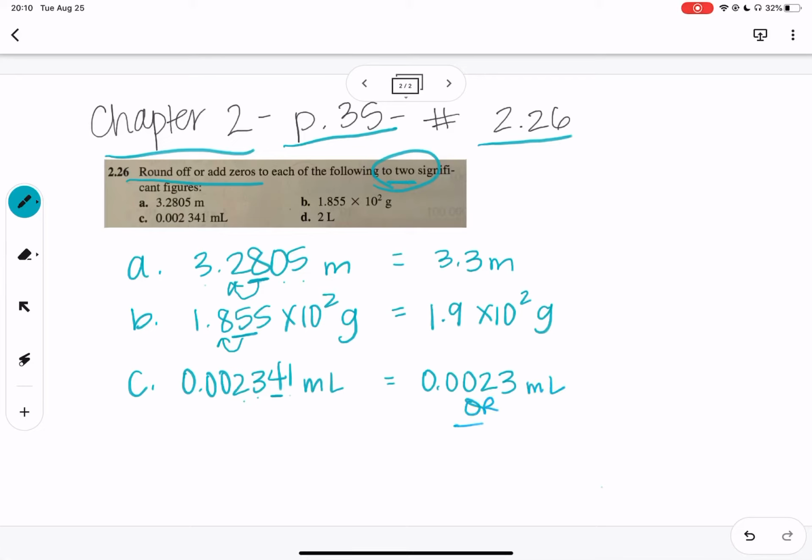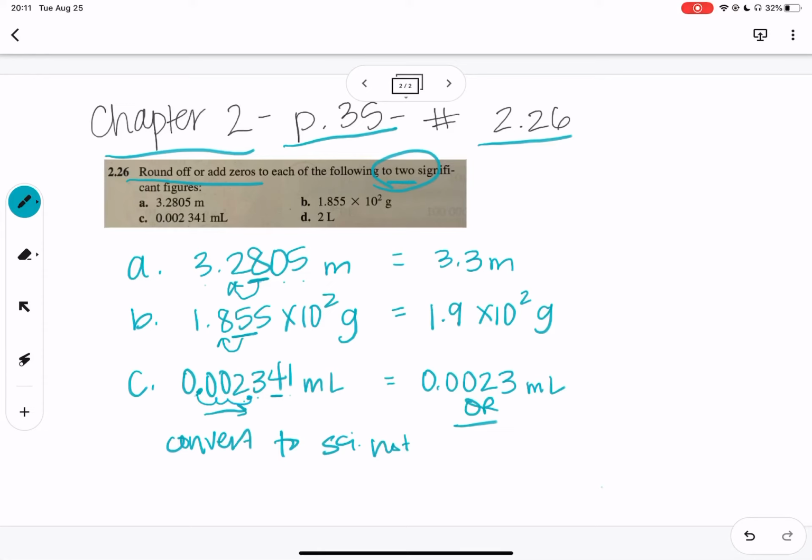Or we can convert this number to scientific notation. So I'll write that, convert to scientific notation. The way we're going to do that is start at the decimal and count the movements, moving the decimal to be behind the first non-zero number. So we're going to start here and move this way. Movements 1, 2, 3.